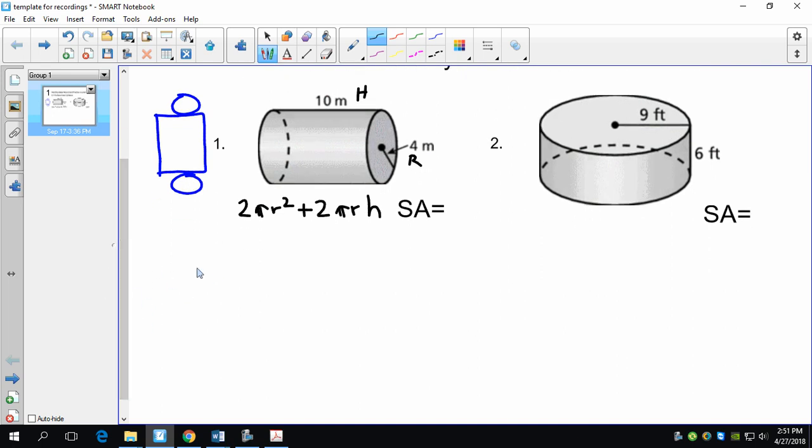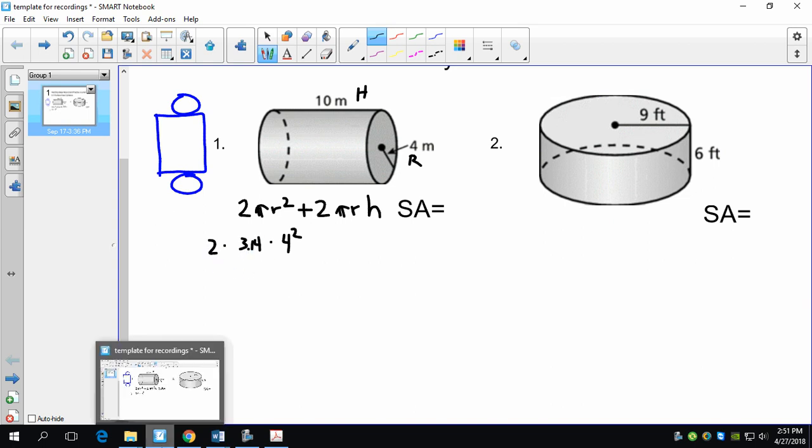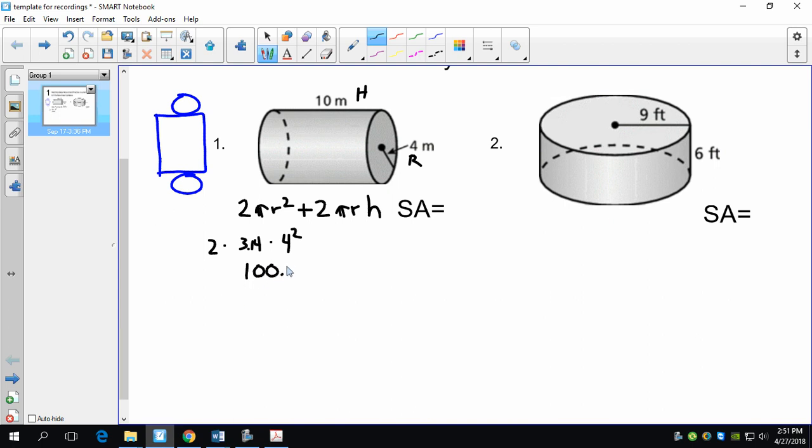So when we do 2 pi r squared, first thing we want to do is get 4 in there. So we're going to go 4 squared times 3.14 times 2. So if we do 4 squared, we get 16 times 3.14 times 2. We get 100.48.